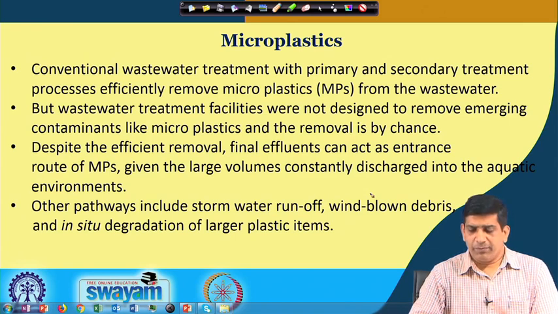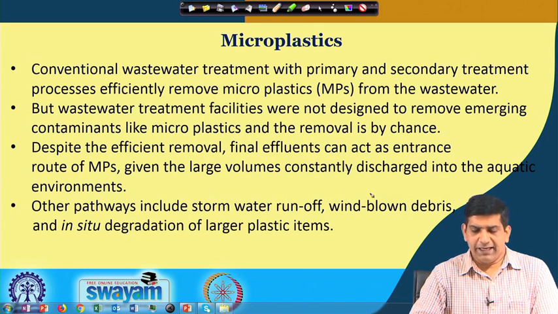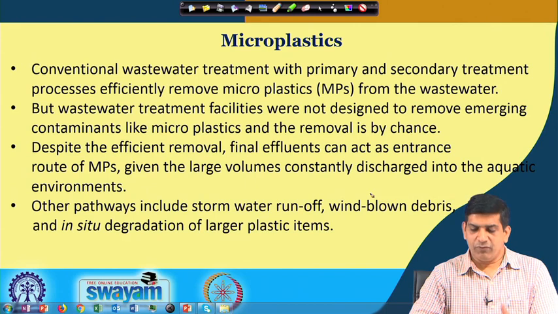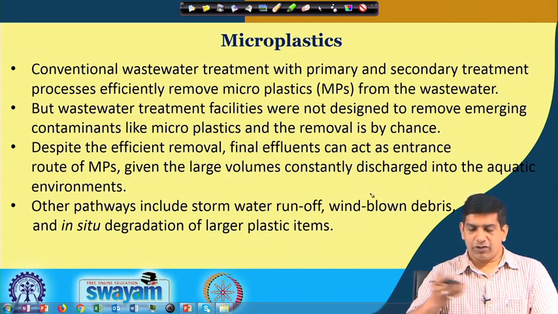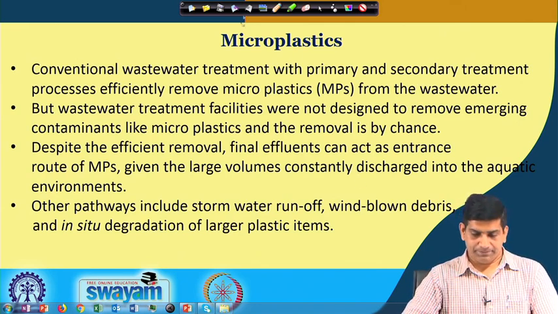Conventional wastewater treatment plants, with primary and secondary treatment processes, can remove microplastics from wastewater, but they were not really designed for removing emerging contaminants like microplastics, and the removal is actually by chance. Despite the efficient removal, the final effluent can act as an entrance route for microplastics, even the large volume constantly discharged into the aquatic environment. Other pathways include stormwater runoff, wind blown debris, and in situ degradation of large plastic items. So microplastics do come into the environment.